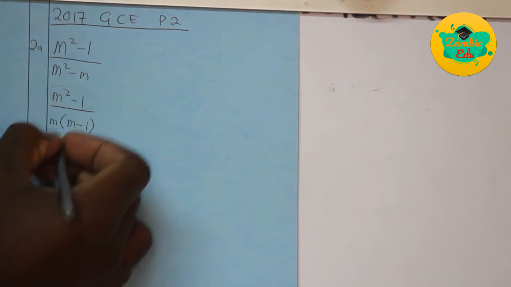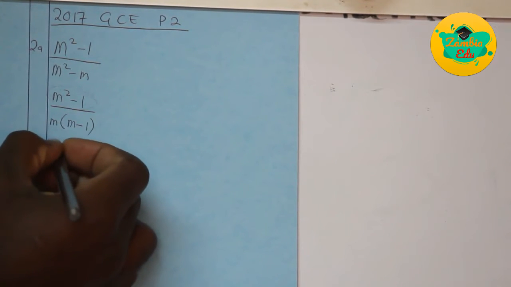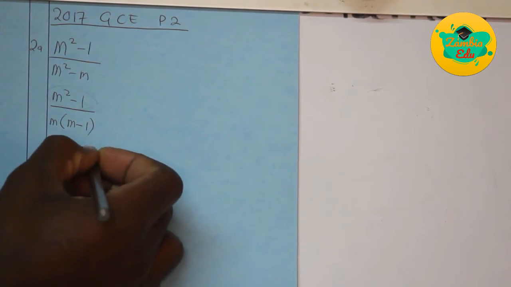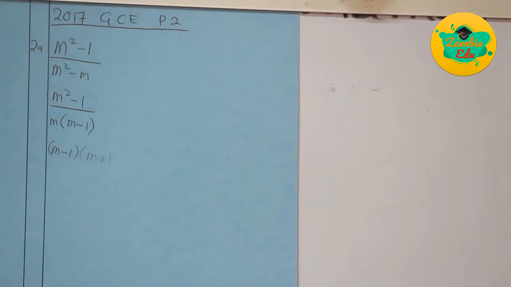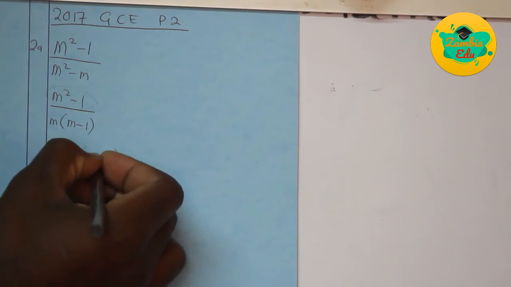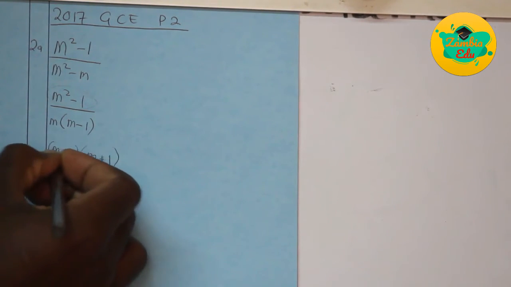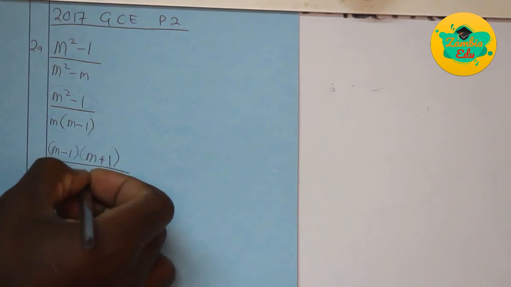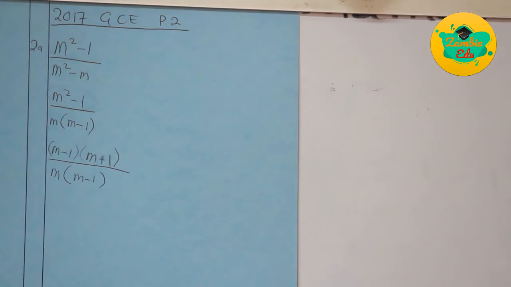So what you do for that one is you do m minus 1, m plus 1, over m open bracket m minus 1.